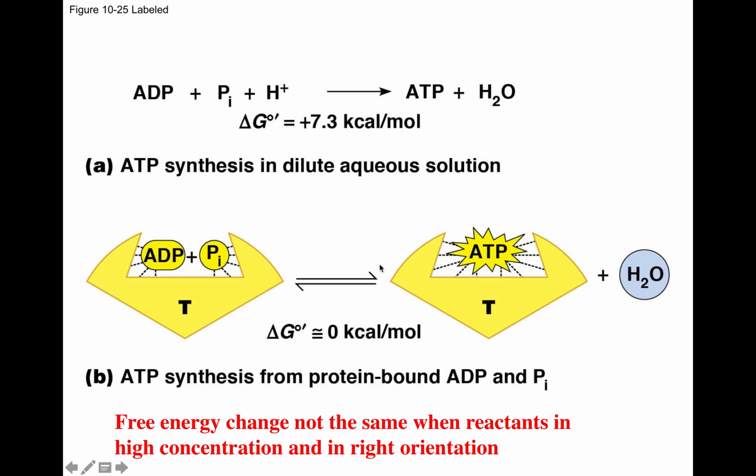Plus the movement of protons provides the energy for the conformational changes that allows this reaction to happen. So the free energy change in the environment of a beta subunit is not the same as when you measure it in free solution. And it's much more favorable on a beta subunit.